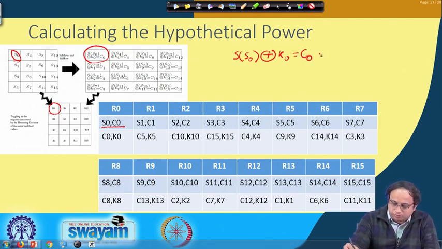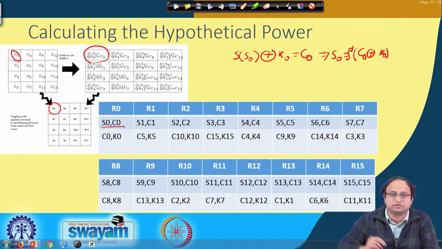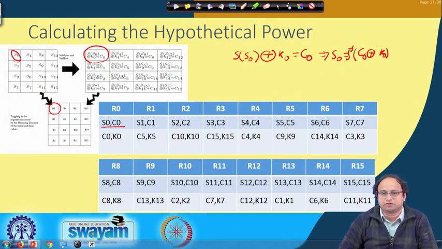So if you want to predict S0, you have to XOR C0 with K0 and find the inverse of it. Okay. So this is quite straightforward.